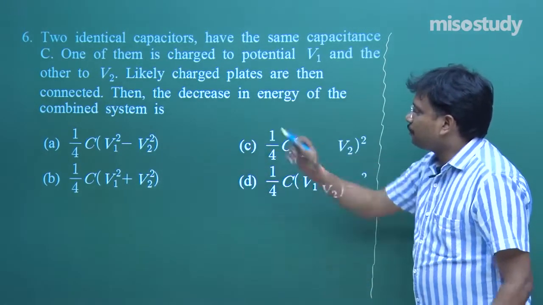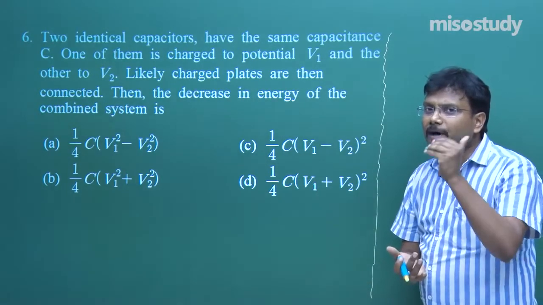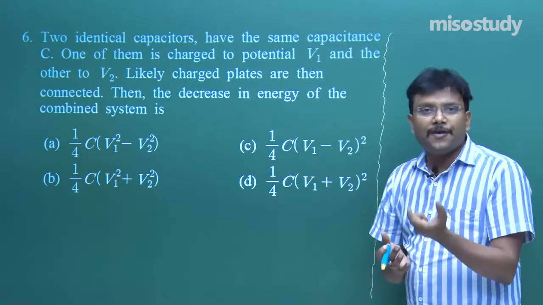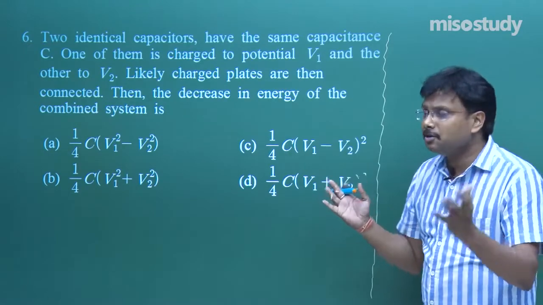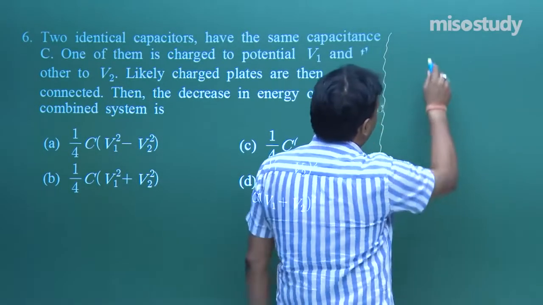Decrease in energy of the combined system: if you can find the initial energy and final energy, then the difference of initial and final is the decrease in energy. So, let me write it down in this fashion.